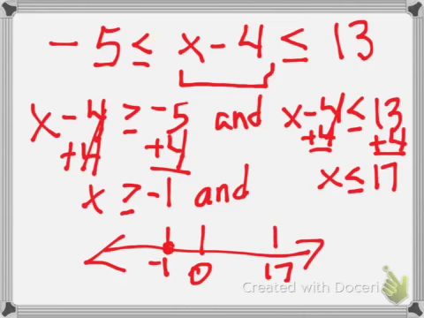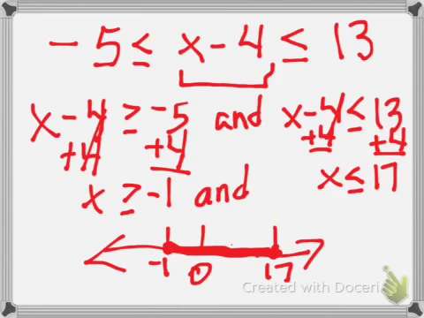Greater than negative 1 would be to the right of negative 1. And then it stops at 17, and it's a closed circle because it's less than or equal to 17. So any number within this range would be a solution to the inequality.